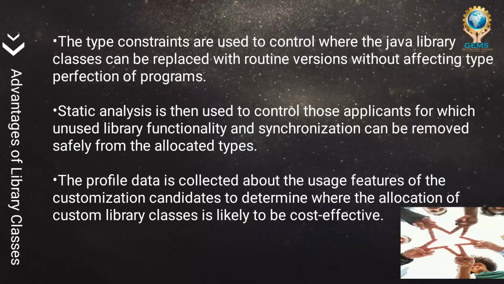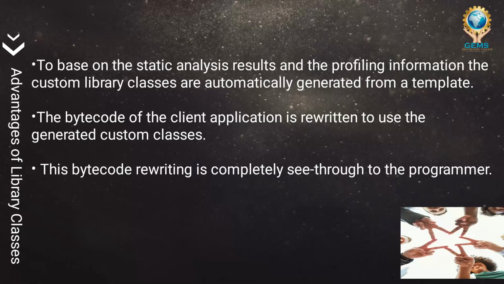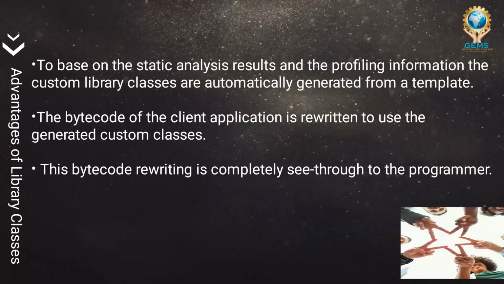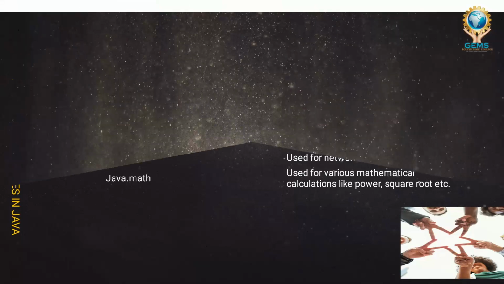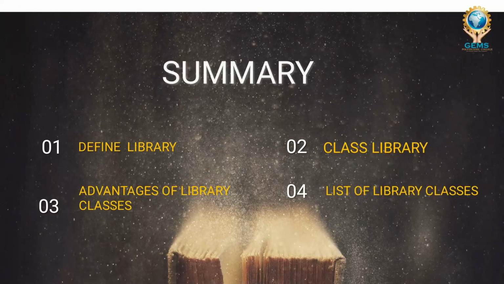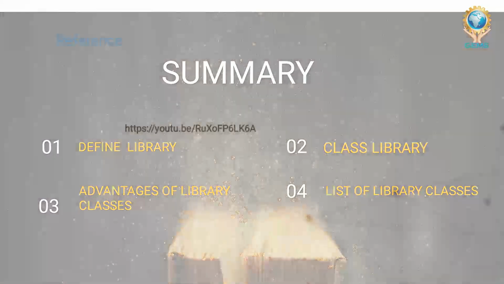Static analysis is then used to control those applications for which unused library functionality and synchronization can be removed safely from the allocated types. These are the different types of advantages of library classes. I didn't mention the advantages in between, but at the end I am explaining the advantages of library classes. This is actually my summary.